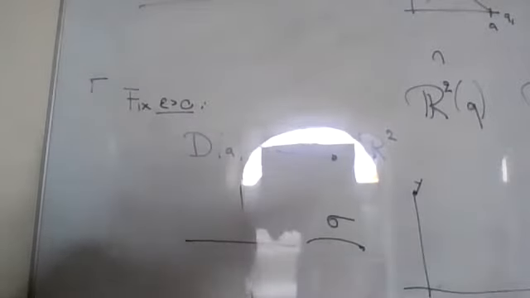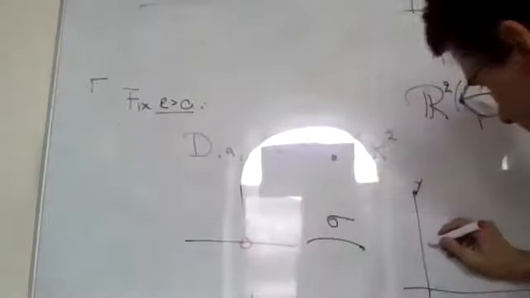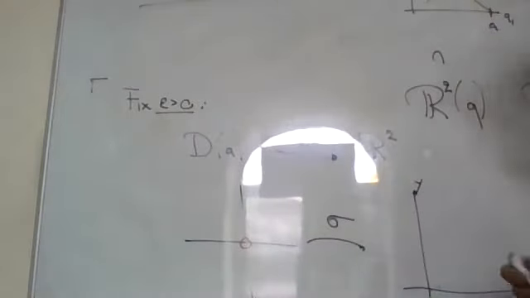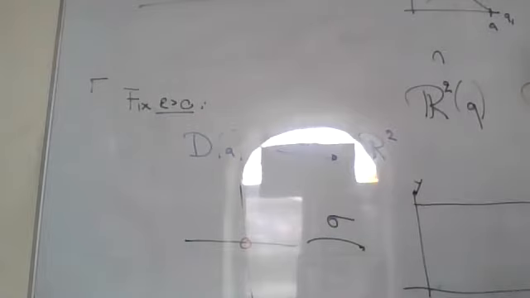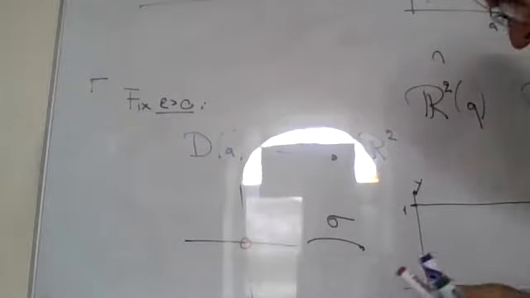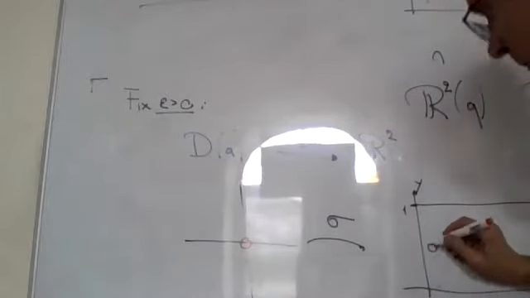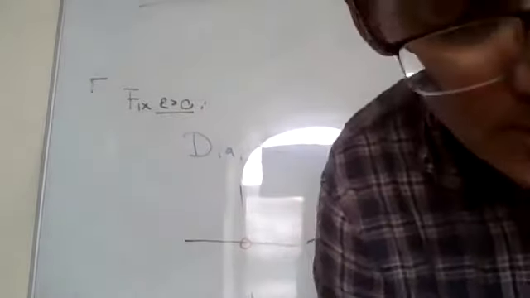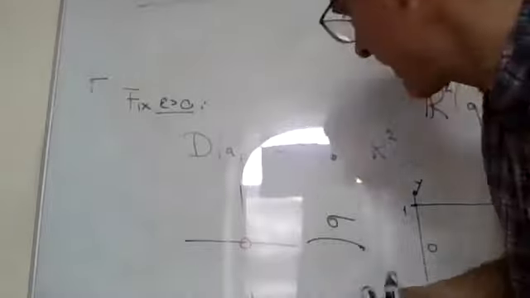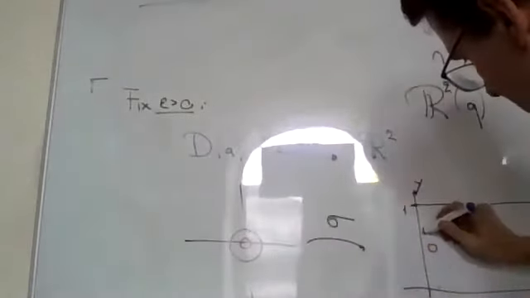So a small concentric part, here I take here. Wait, the goal is to map it to somewhere here. Here 1, here A, and I start here. Okay, so on this disk it's just a translation. And then a somewhat bigger circle is mapped like this.